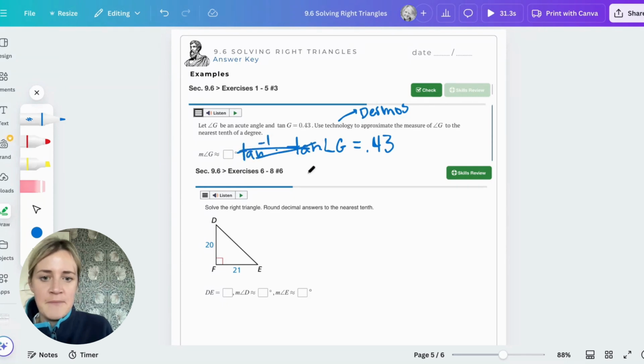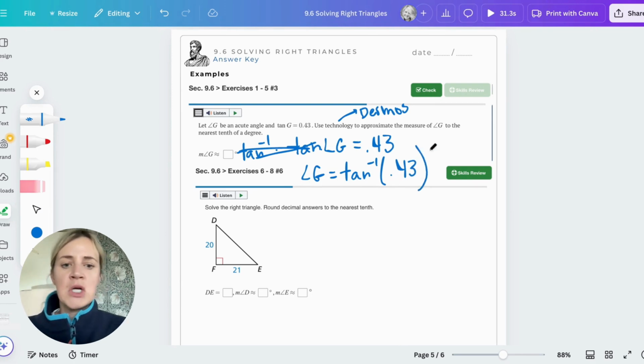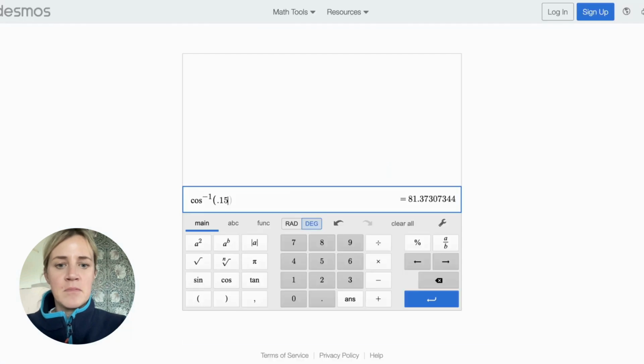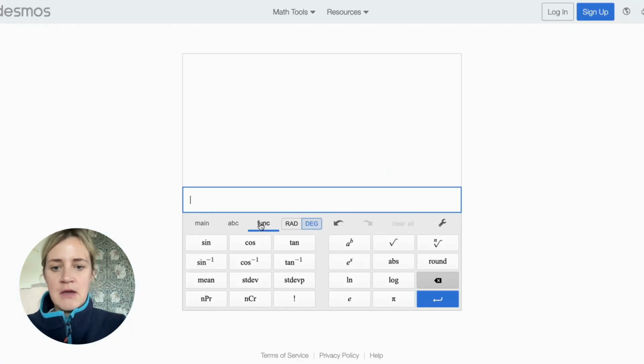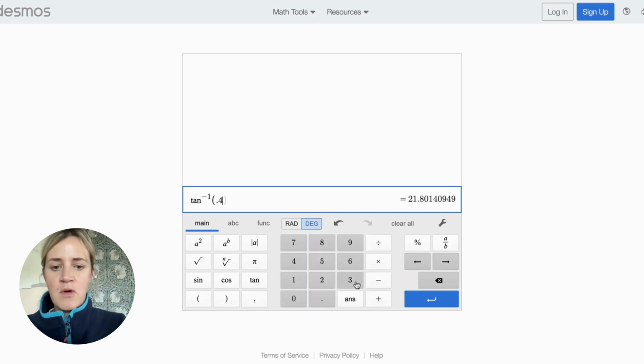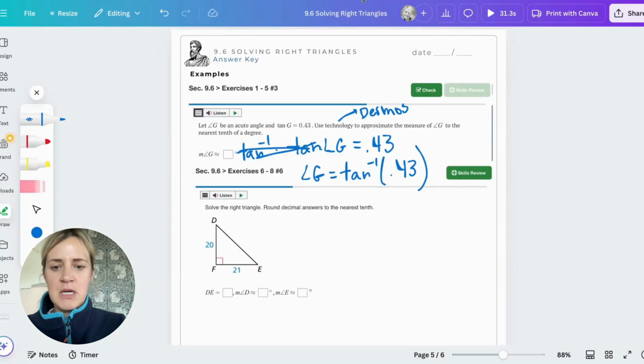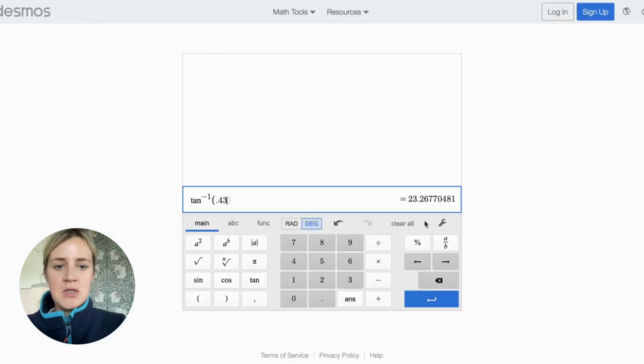That cancels that out. Angle G equals what you do to one side, the tan inverse of the other side, 0.43. Put that in your calculator, tan inverse of 0.43. Hit that function key. Hit enter, 23.3 degrees.